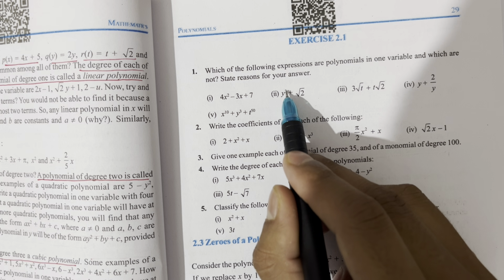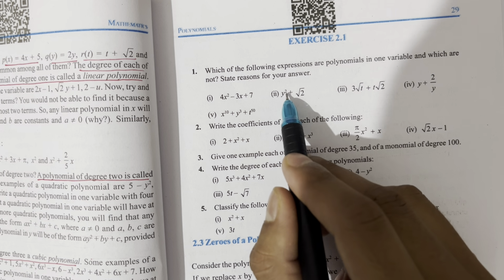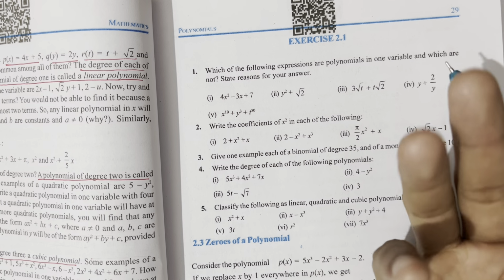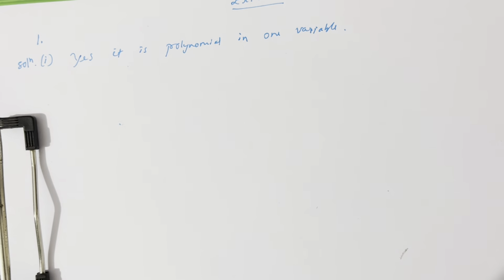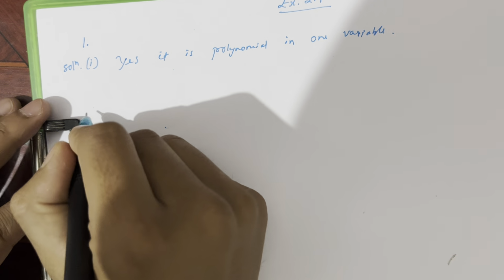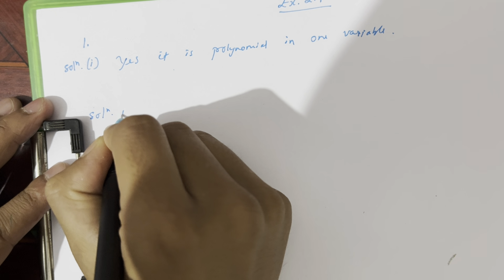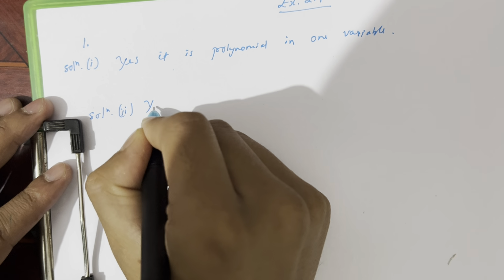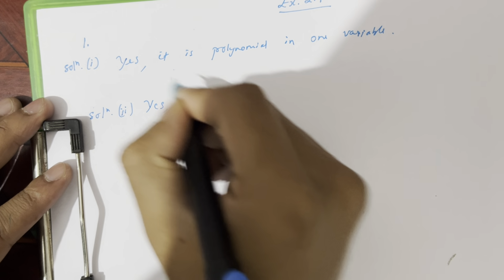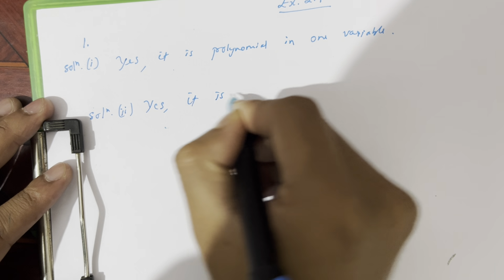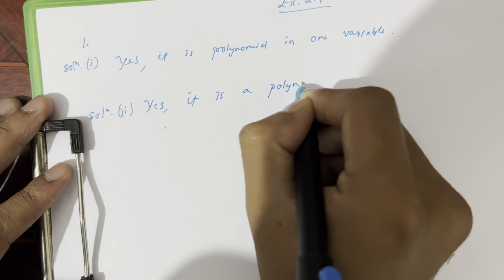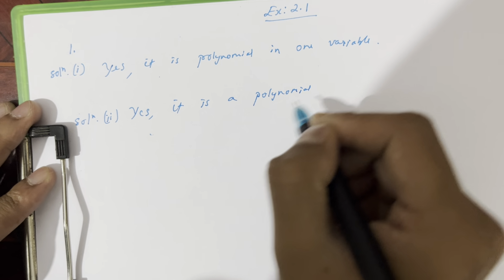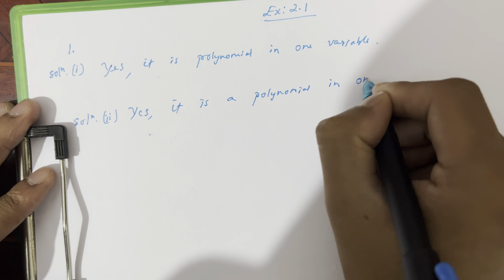Power 2, the power in the variable. 2 is a whole number. So this is a polynomial. So you write solution number 2. Yes, it is a polynomial in one variable.